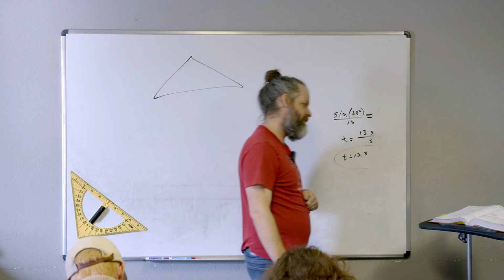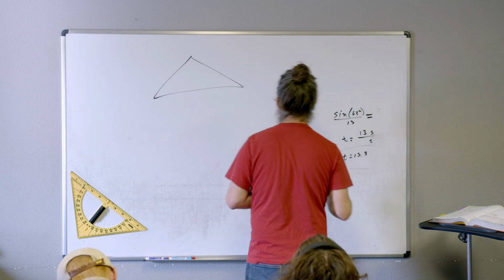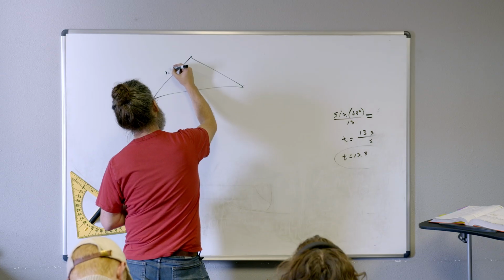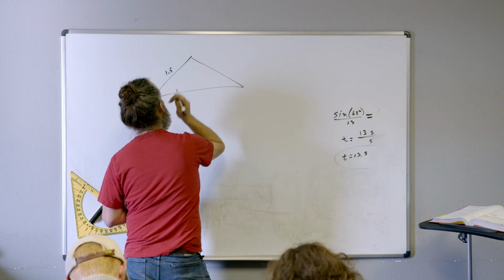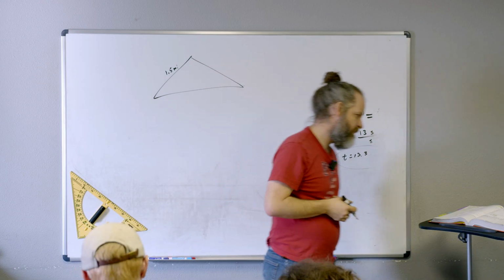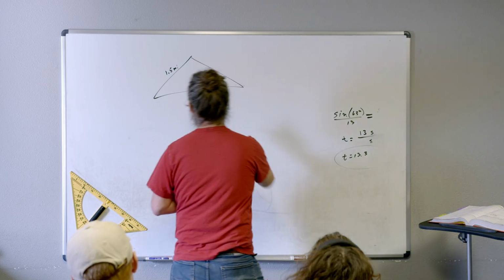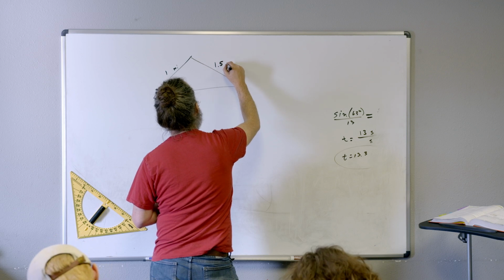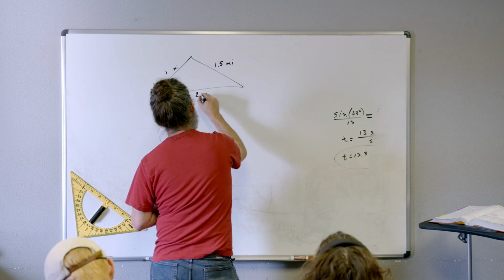Isn't it cute? It's definitely obtuse. Let's prove that it's obtuse by doing the math. This side is 1 mile, this one is 1.5 miles, and this one is 2 miles.